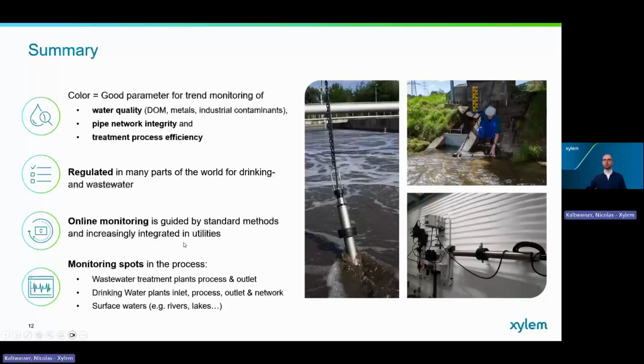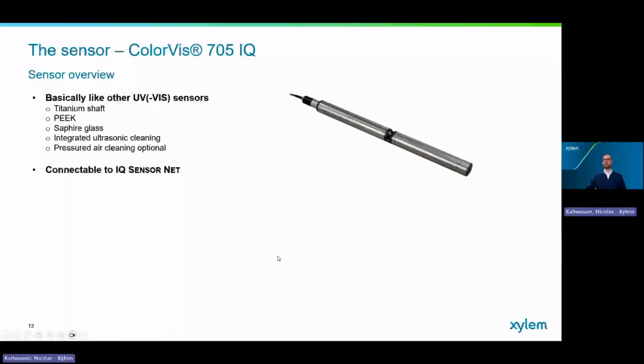And then we also learned that the monitoring spots in the process are, for wastewater treatment, throughout the process and at the outlet. In drinking water, it's at the inlet, throughout the process, at the outlet, and in the pipe network. And for surface waters, it can be anywhere right in the water, like in rivers, lakes, and ponds. And with that, I'll pass it on to Patrick to introduce the ColorVis sensor.